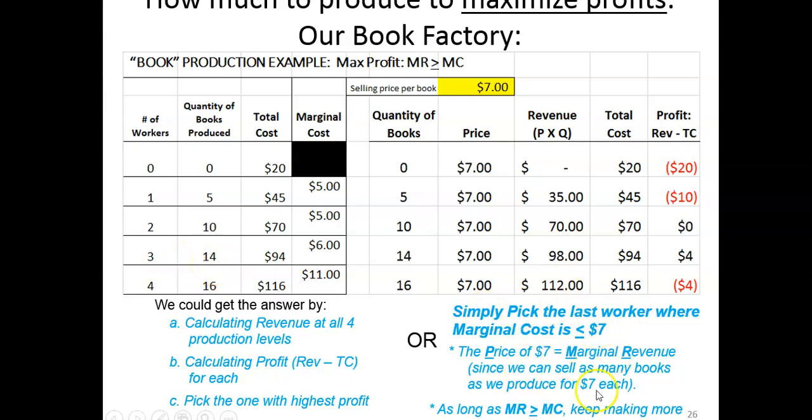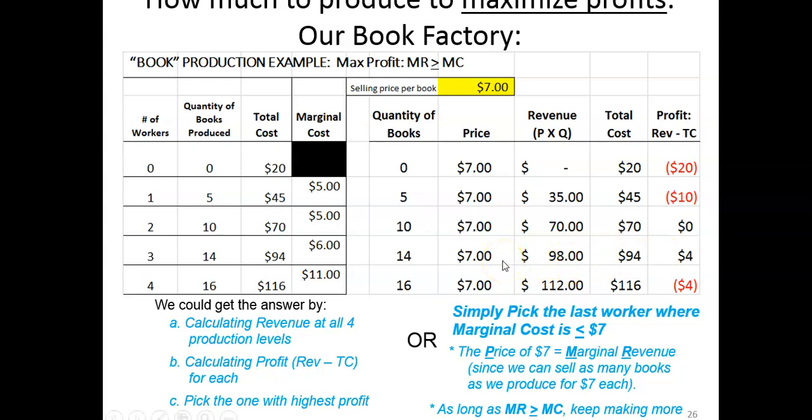If we just did what's on the left-hand side here, we just pick the last worker where marginal revenue is greater than or equal to marginal cost, right? But you would be able to, without doing any of those calculations, tell me that that level of profit, whatever it is, is going to be the best we can do.